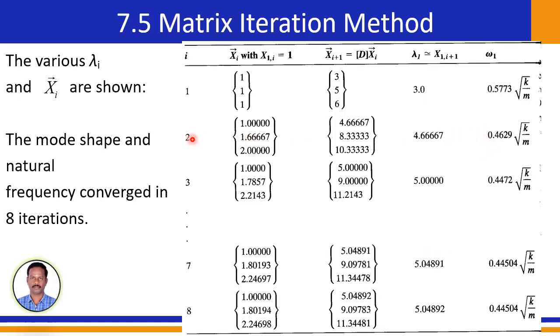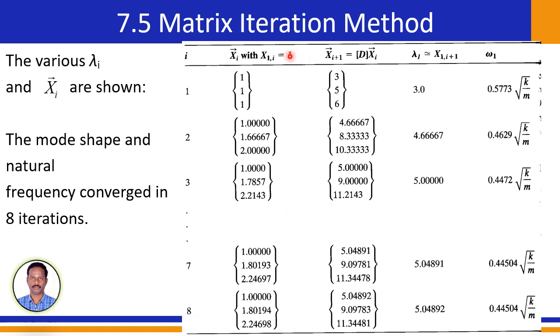In this slide, I am summarizing the result of applying the matrix iteration method over several iterations to our 3-mass system. We can see how our initial guess for the first mode shape and the estimated natural frequency gradually converge to a stable condition. Let's look at this table. The first column indicates the iteration number 1, 2, 3, 4, 5, 6 to 8.